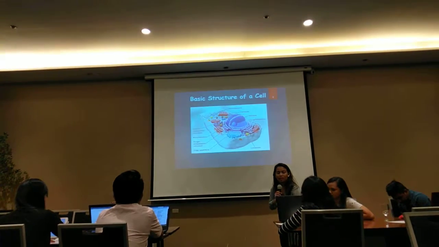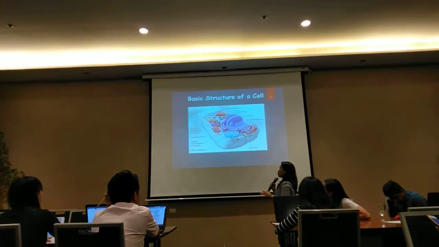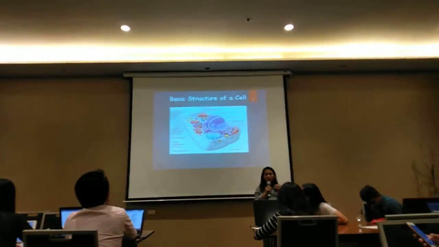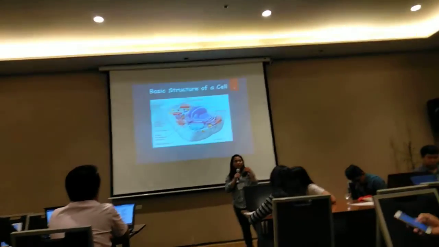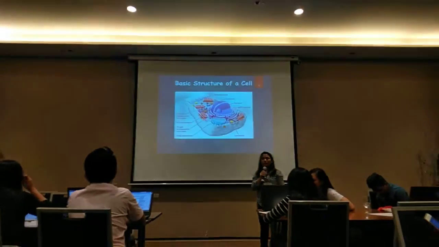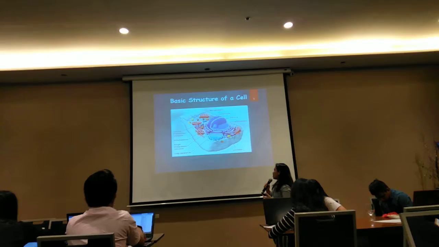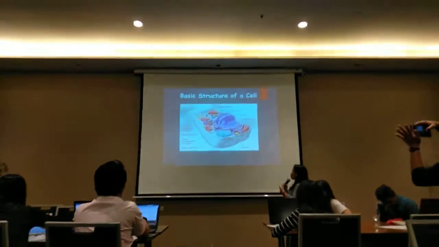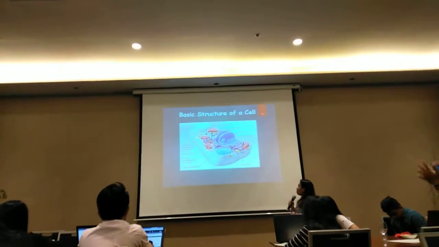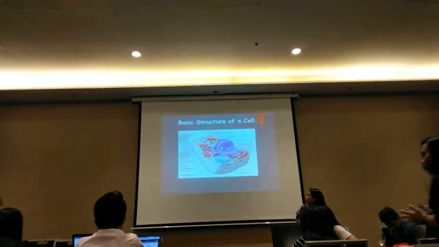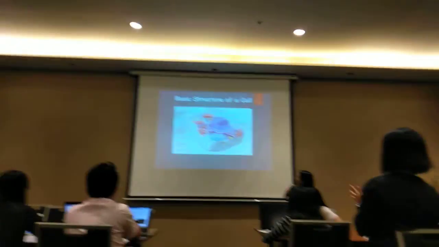So this is the basic structure of the cell. As you can see in the first part of the lesson, it was shown to you the microscopic view of the animal and plant cell. The cells have a nucleus, ribosome, lysosome, Golgi apparatus, mitochondrion, endoplasmic reticulum, microfilament and centriole.